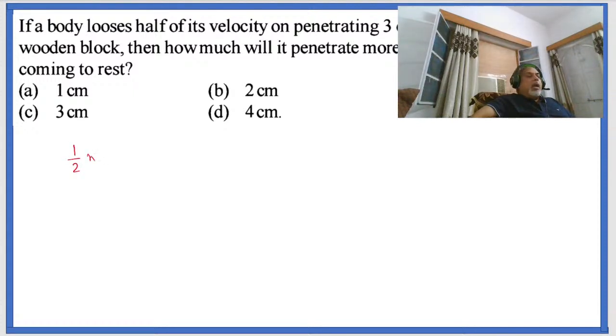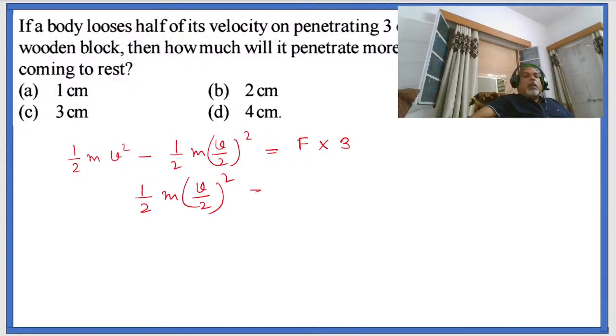Half m v square minus half m (v by 2) square will be nothing but, suppose force is F, F into 3 centimeter, and then whatever kinetic energy is remaining must be equal to F into d, suppose d is the distance we have to find out.